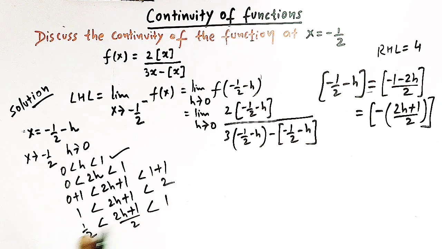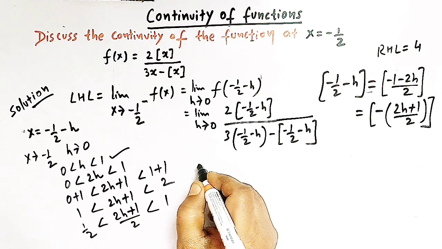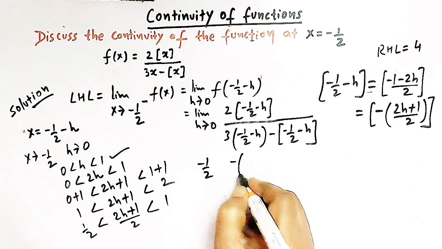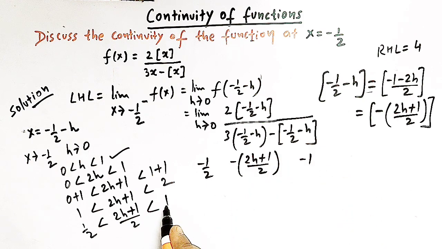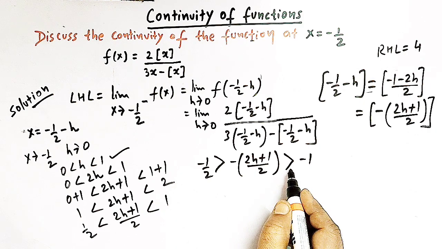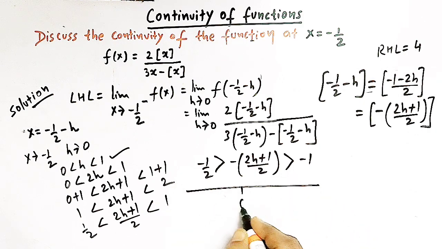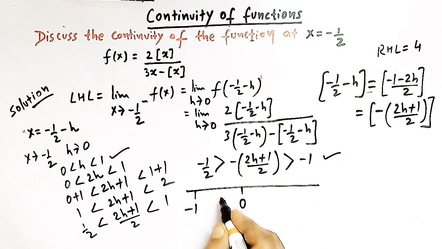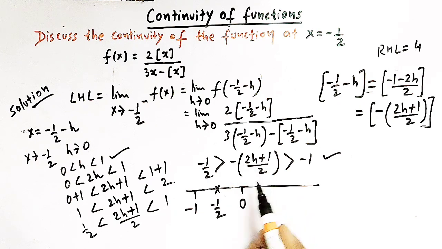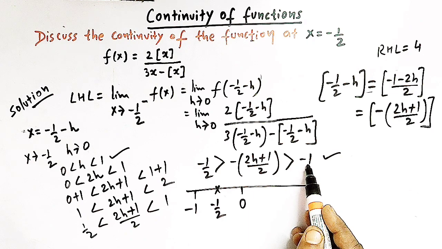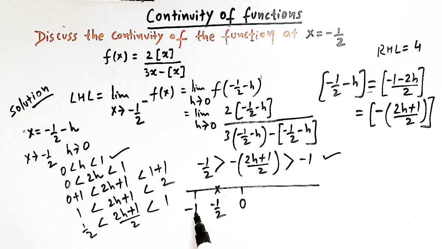So if we multiply throughout by minus 1, then we have minus half, we have minus 2h plus 1 over 2, and here we have minus 1, and the direction of the inequality gets reversed, right? So now from this inequality we conclude that here we have minus half, and this quantity minus 2h plus 1 over 2, it is greater than minus 1, but less than minus half, right?